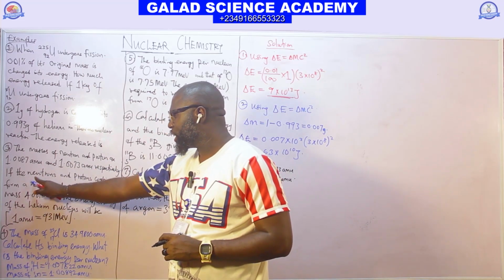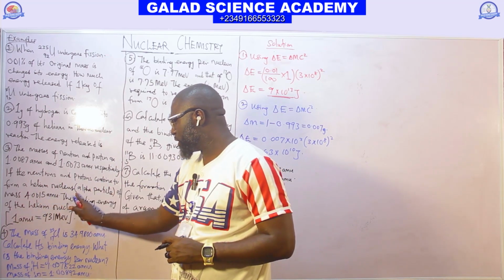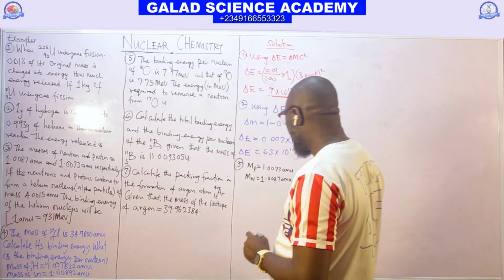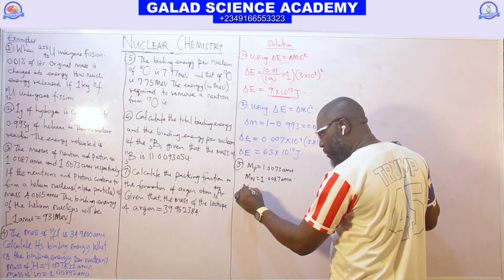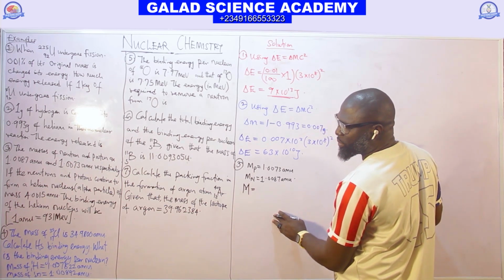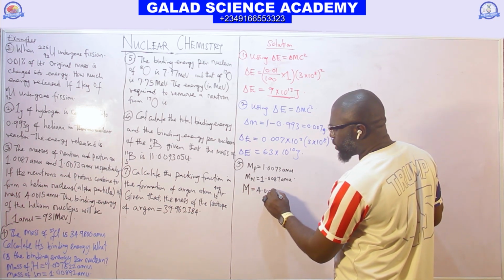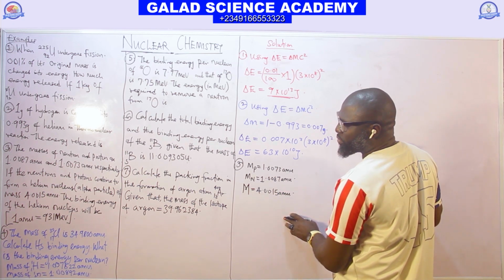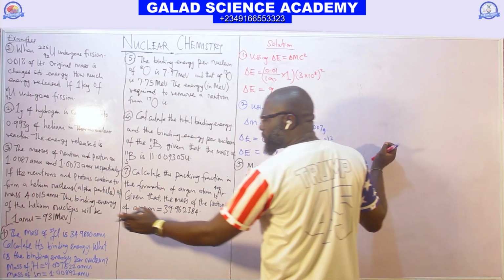If the neutrons and protons combine to form a helium nucleus, the alpha particle, the mass of alpha given is the capital M. The atomic mass of helium given is 4.0015 atomic mass units.